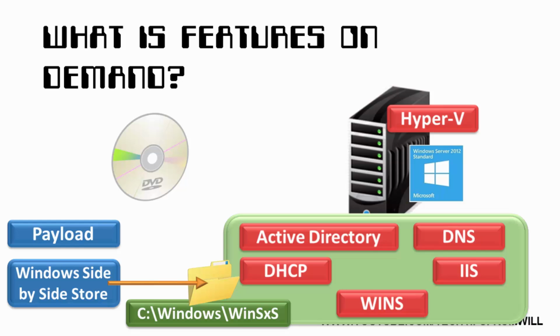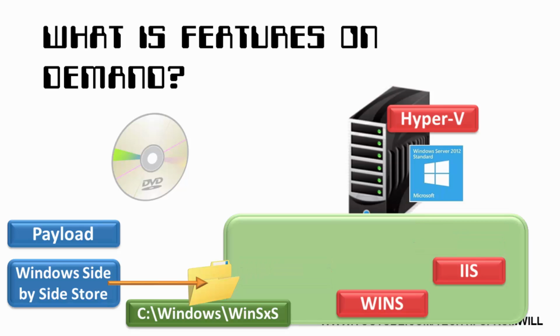For instance, in the case of my Hyper-V server, I could remove the Active Directory, DNS, DHCP, IIS, and WINS payloads from my side-by-side store if I wanted, since none of these roles are installed, nor do I have any intention of installing them.